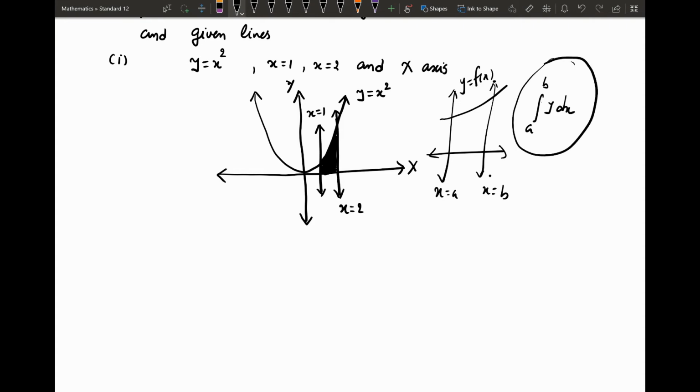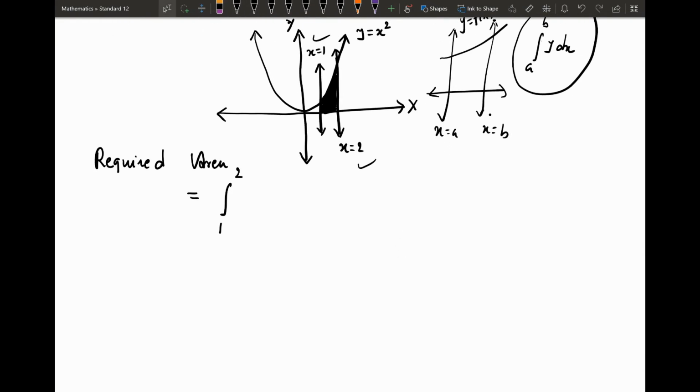We will use this formula. So the required area, a to b, the limit will be 1 to 2, y dx, y means x square dx.